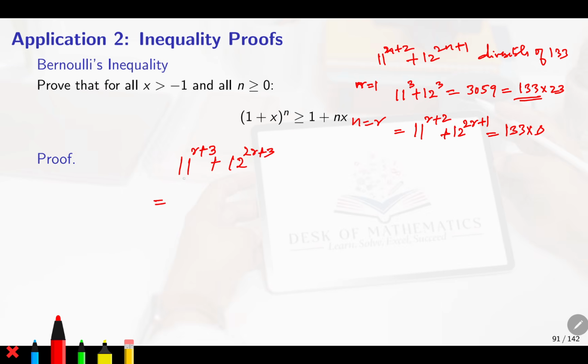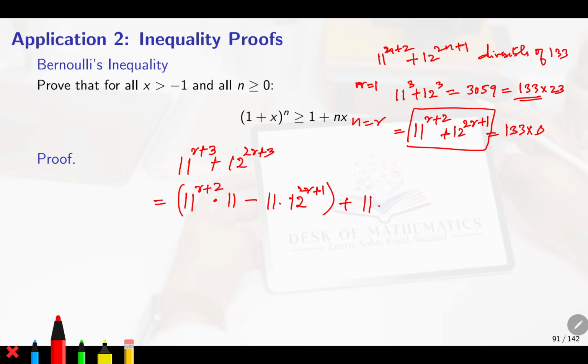So we can do, we have this result for r plus 2 and 2r plus 1. So we will do 11 to the power r plus 2 times 11, minus, we need 11 times 12 to the power 2r plus 1, plus 11 times 12 to the power 2r plus 1, and your 12 to the power 2r plus 3.